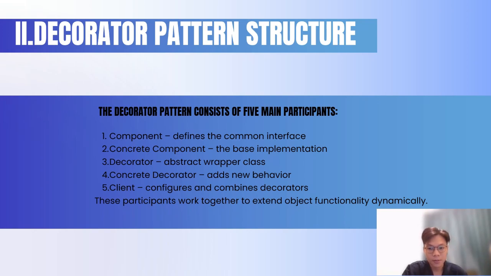The fourth is the concrete decorator, which adds specific behaviors to the component. Finally, the client is responsible for configuring and combining these decorators. Together, these participants allow us to extend the object's behavior dynamically without changing the original class.